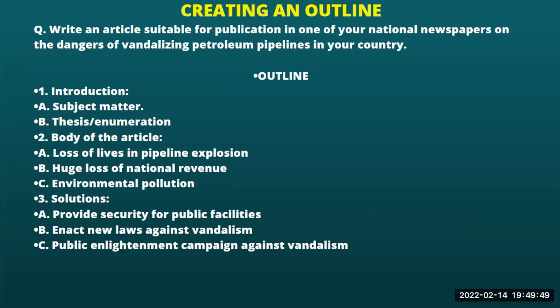So an article is a piece of writing of public interest. That's why it's published in a national newspaper or even in a school magazine or an international magazine. It's no more just a personal issue. It's an issue of public interest in which you express your personal opinions for public consumption, all right? So that is an article.